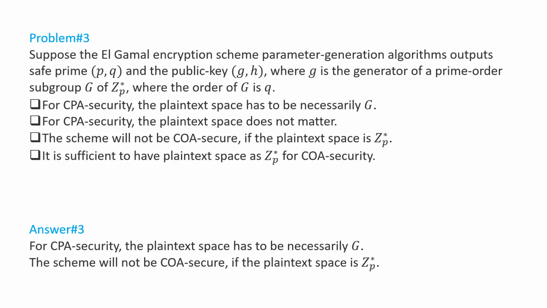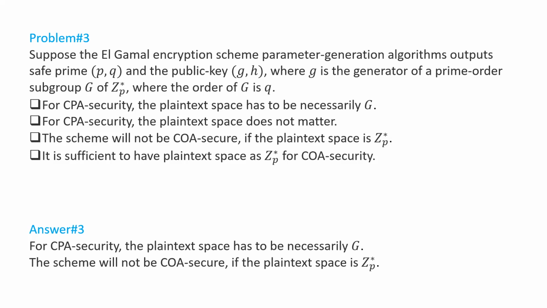So you choose some M0 which belongs to G, and you choose some M1 which does not belong to G, but M1 belongs to ZP star. Because G is a subgroup of ZP star, of course any element which belongs to G belongs to ZP star, but not vice versa. So you take two plaintexts, M0 belonging to G and M1 belonging to ZP star but not belonging to G.